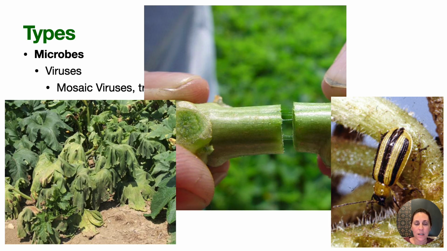The bacteria live in the guts of striped and spotted cucumber beetles, and you can see one of those striped cucumber beetles over on the right side. It's important to say that the bacteria does not, in and of itself, overwinter in Minnesota, but it can within the guts of those insects. Just like I was talking about earlier with some of the different insects that can overwinter in the soil, this is also true for the striped and spotted cucumber beetle.